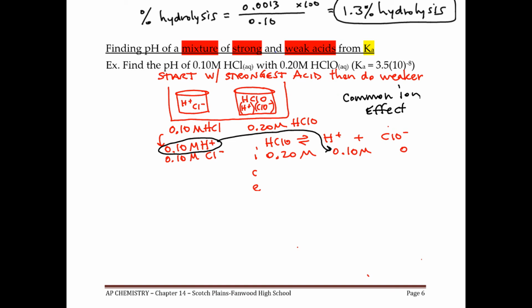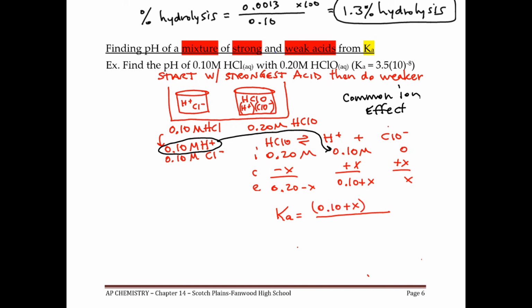Okay, so we're going to fill in our change line. It's still going to follow stoichiometry, so minus x, plus x, plus x. So this is going to be 0.2 minus x, and 0.1 plus x, and x. And we're going to set this equal to the Ka. So K is going to be products over reactants. I'm just going to put them straight in here.